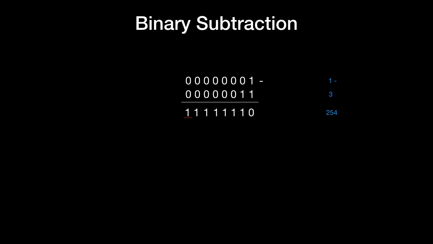If you want to define it as a negative number and want to know which negative value it represents, you have to subtract it from 256. 256 because there are 8 bits and 2 to the power of 8 equals 256. If you take the difference, that's 2. So this number represents plus 254 or minus 2.